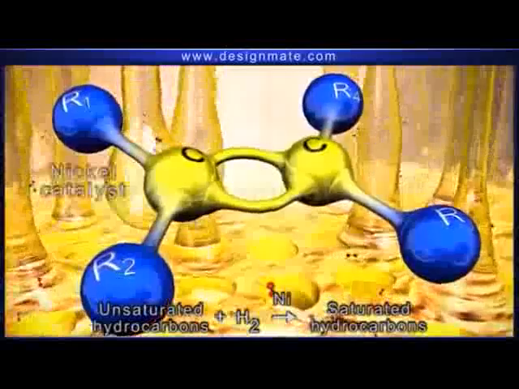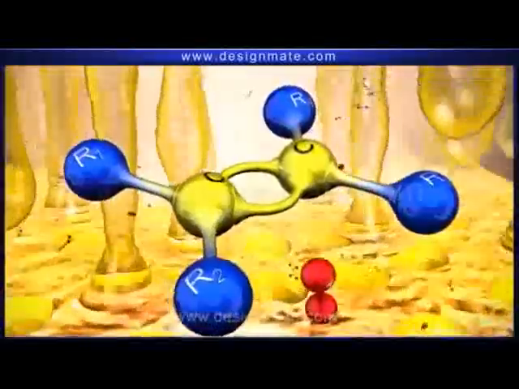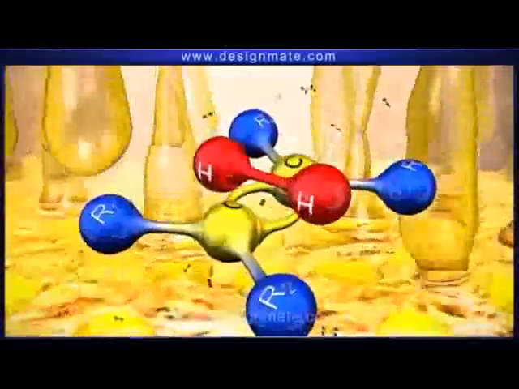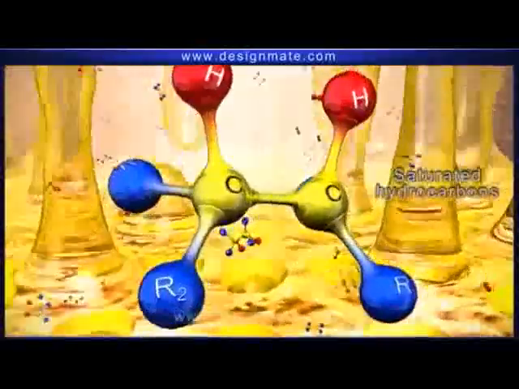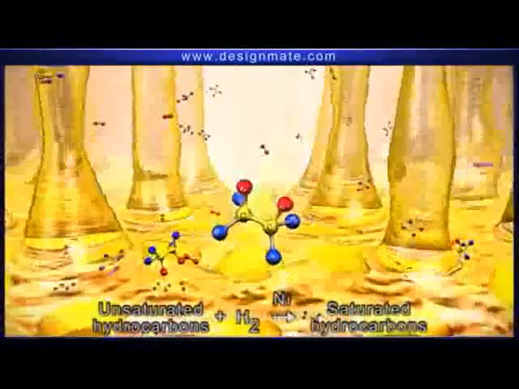In the presence of a nickel catalyst, hydrogen gets added onto the unsaturated hydrocarbons, and they are converted into saturated hydrocarbons. This reaction converts vegetable oils into margarine.